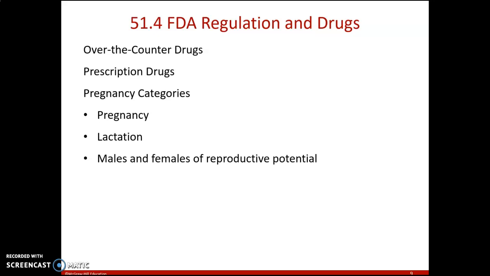After June 2015, it was determined that we needed more comprehensive labeling and more information for providers to be able to determine if we should be using it in pregnant patients or those who are lactating. So we broke it up into pregnancy, lactation, and females and males of reproductive potential. These new labels include pregnancy exposure registries that collect and maintain data on the effects of medications used in pregnant women.